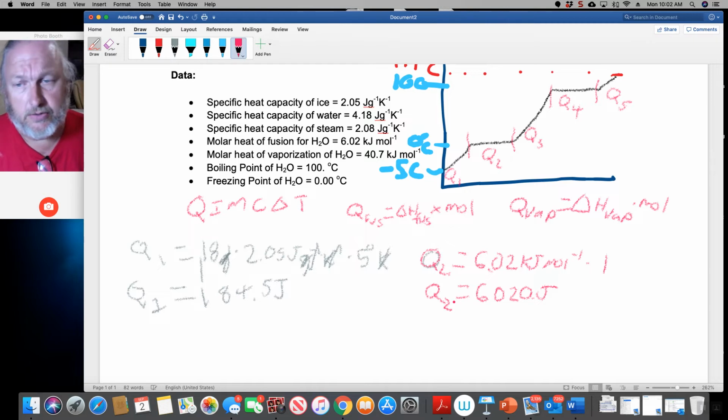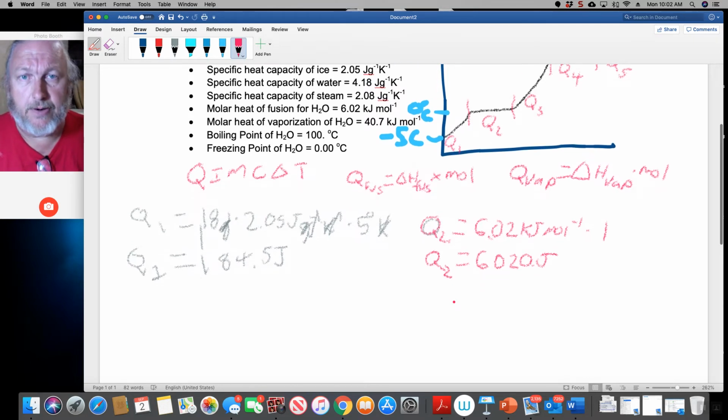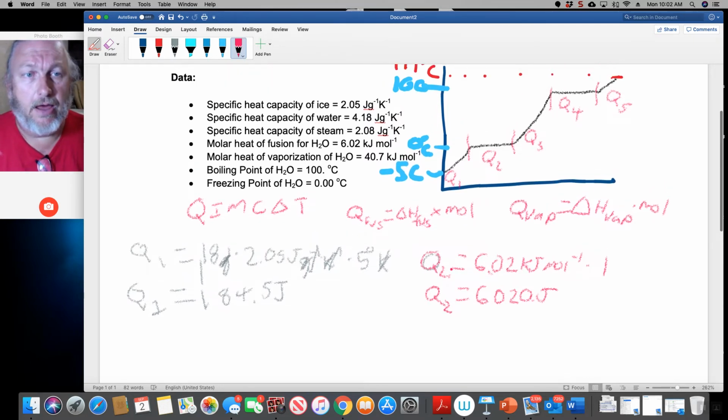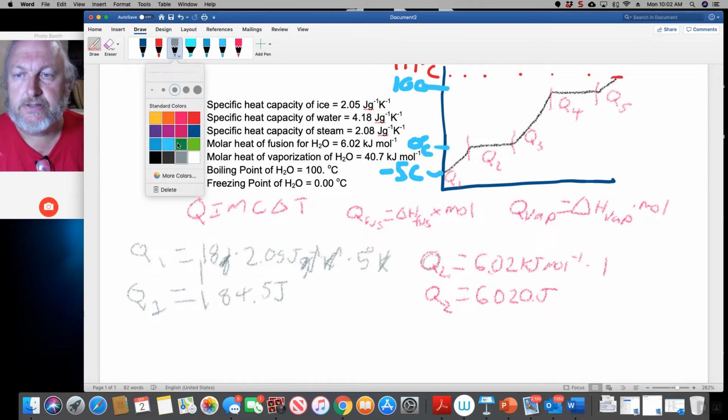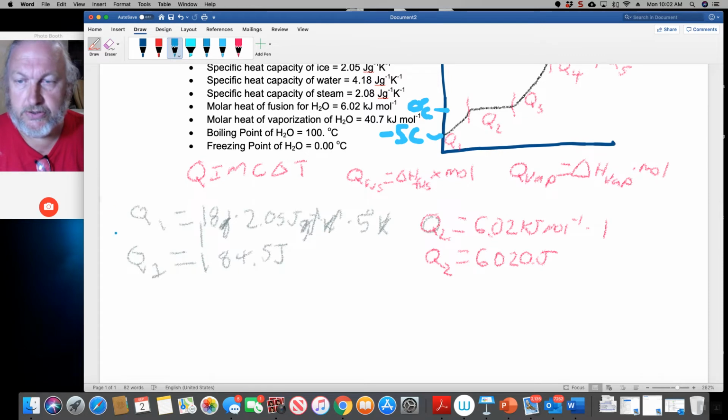Q3, I'm going back to a QmcΔT problem. I know I'm going from 0 to 100. So it's 100 minus 0, that's 100. Let's go ahead and change this color here. That's a pretty color. So my Q2, didn't mean to do that. That's okay.